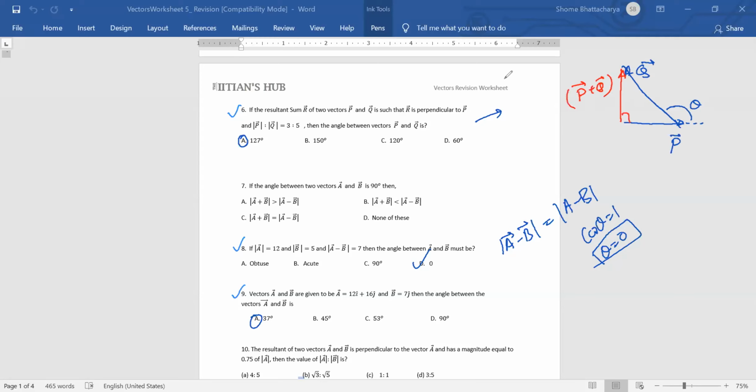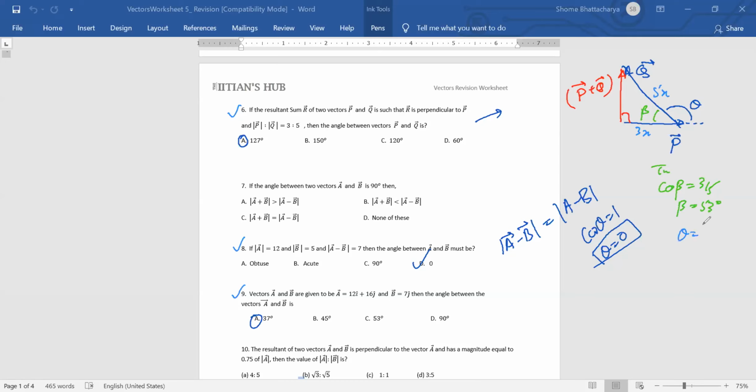Okay, and they are in the ratio 3 is to 5. So if this is some 3x, this is 5x. Now you can understand, if this internal angle is some beta, cos beta is 3 by 5. So beta is 53 degrees. So therefore, theta is going to be how much?